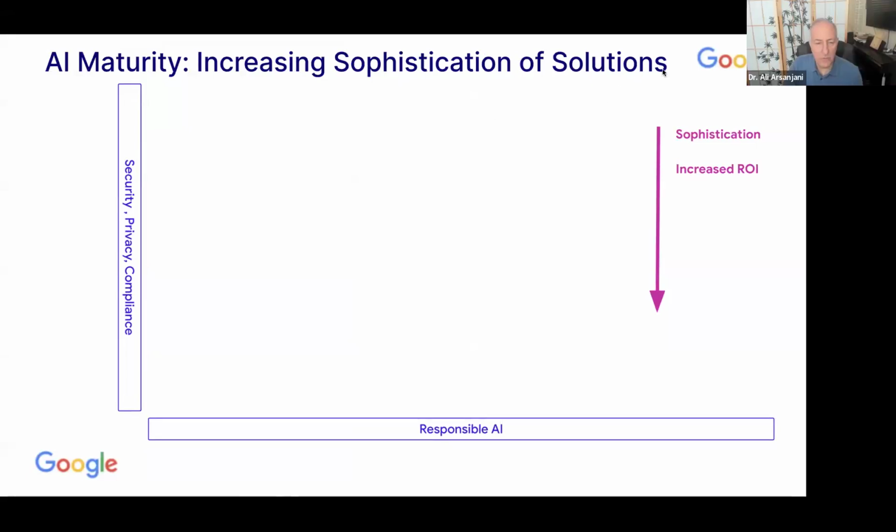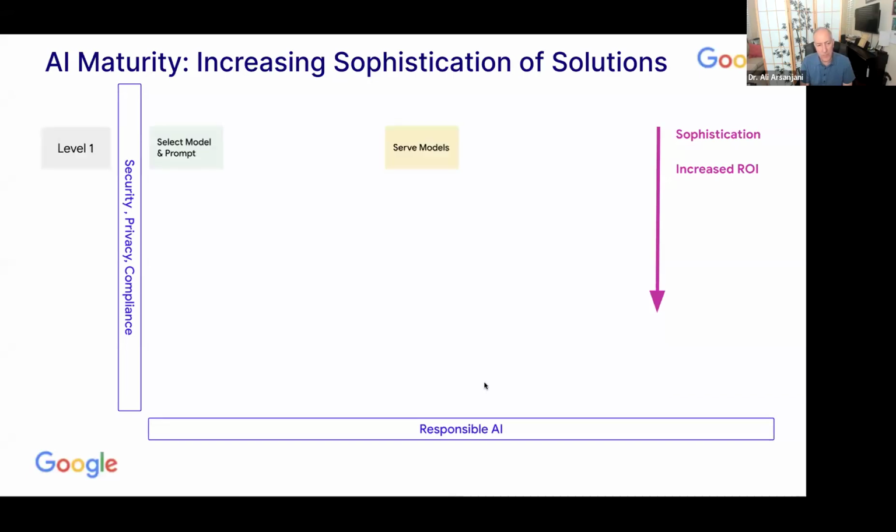Wonderful. Thank you so much, Alex. So greetings, everyone. We're seeing an increasing level of sophistication of solutions that are happening. In the first instance, if we click once, please, we see folks selecting a model, prompting it, and then expecting the generative model to produce a result.